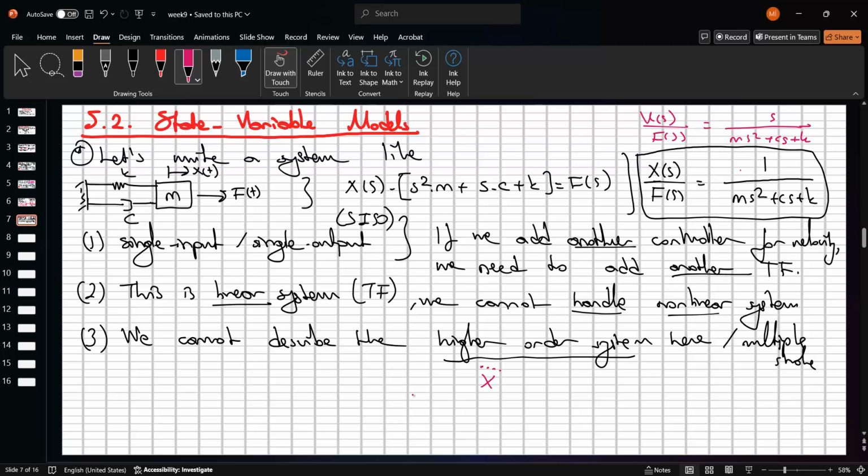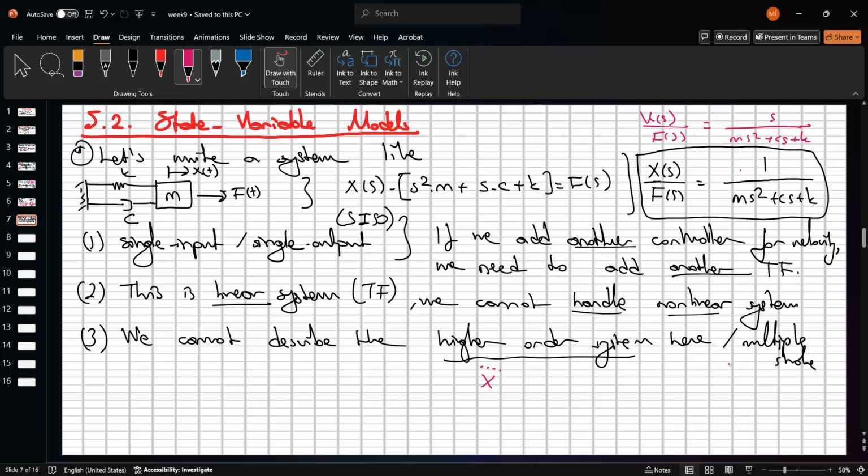So we need to write four different transfer functions for each state: x dot, x dot dot, x dot dot dot. At least we need to build four different transfer functions here.